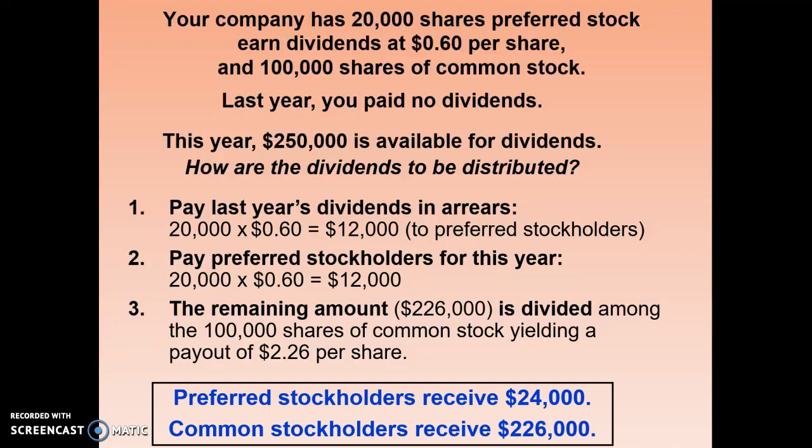The remaining amount is divided among the 100,000 shares of common stock, yielding a payout of $2.26 per share. So the preferred stockholders are going to get $24,000. The common stockholders will receive the $226,000 among themselves, given how many shares they have.